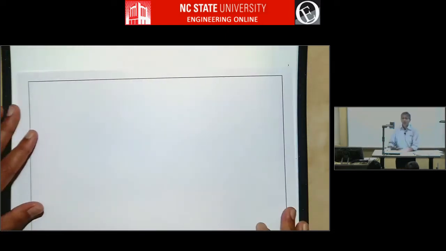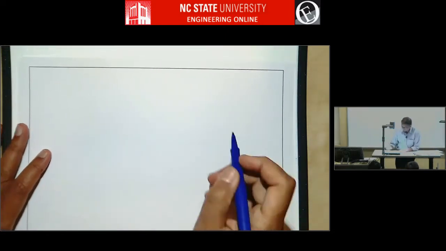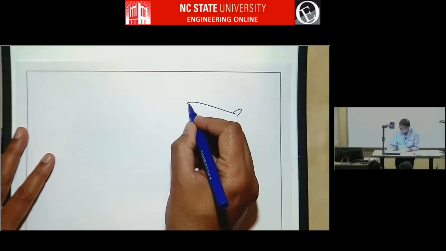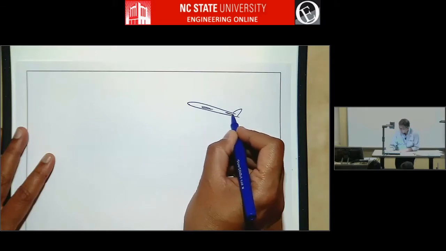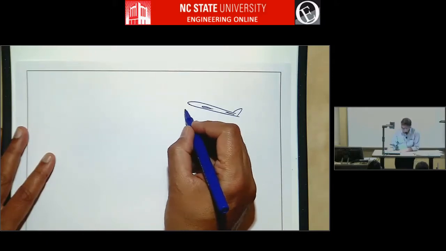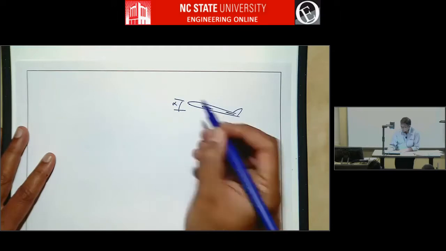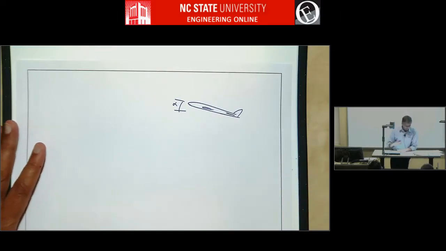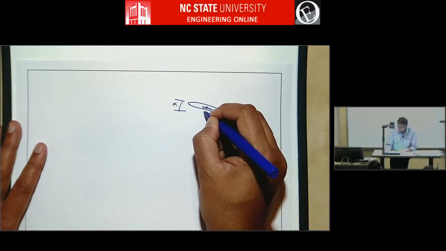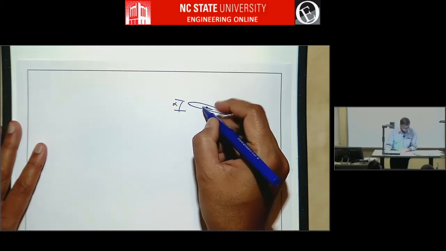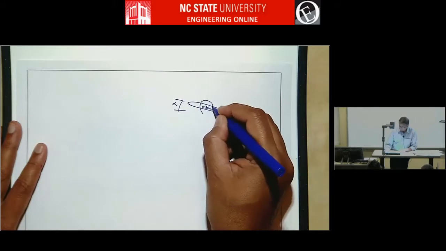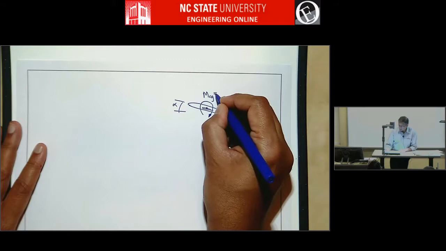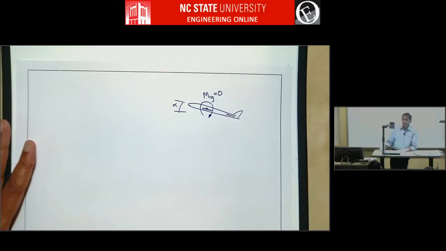So to put the same thing in picture form, let's say you have an airplane here flying horizontally at this angle of attack, which in this picture is very large, but I'm drawing it at a large angle just for clarity. If it's flying in equilibrium, this is MCG. MCG will be 0, right? It's in equilibrium.